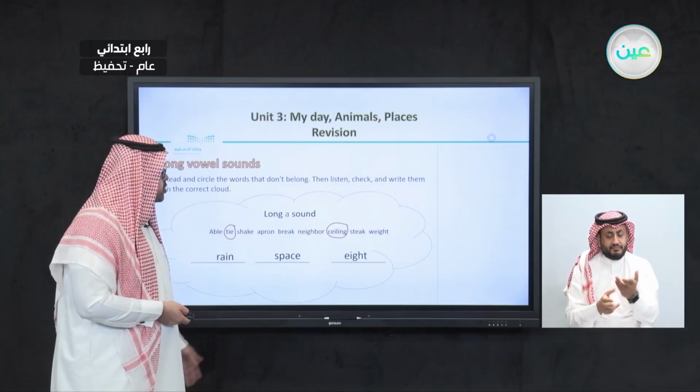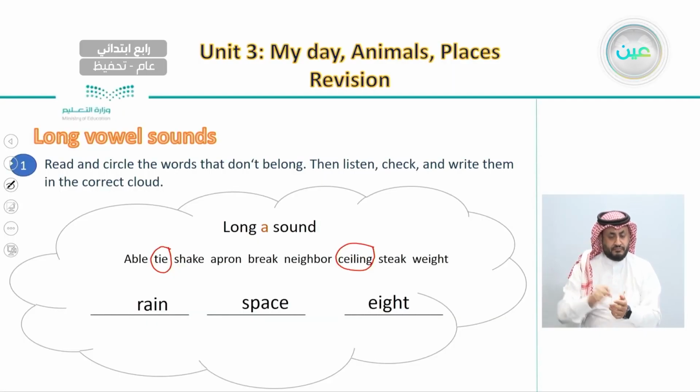We should put these three words: rain, space, and eight. All of these words have the A sound. For example, able, rain, shake, apron, space, break, neighbor, eight, steak, and wait.